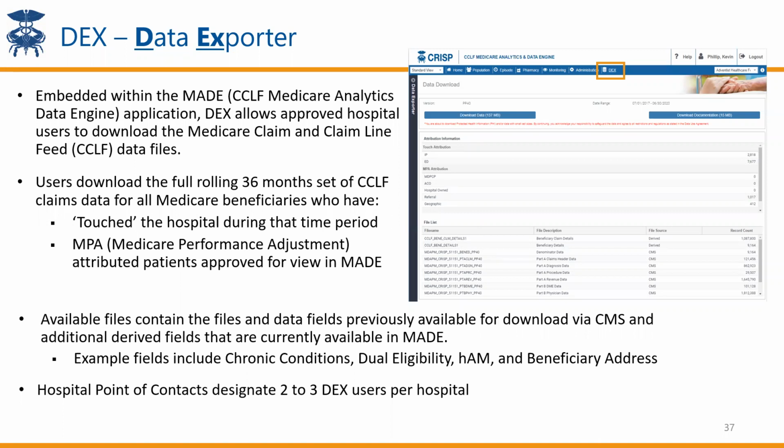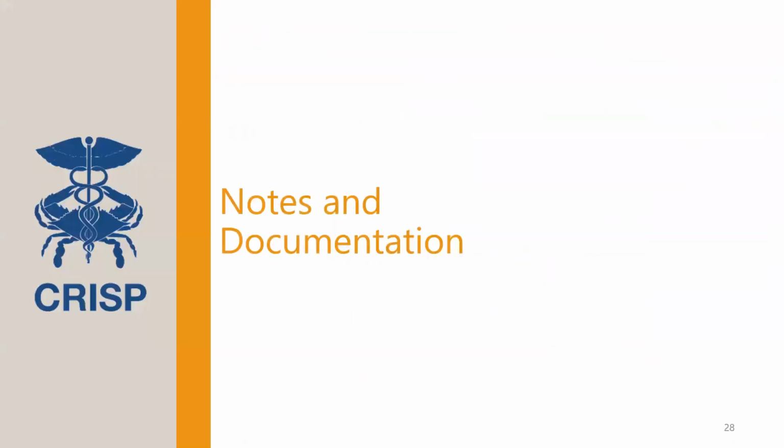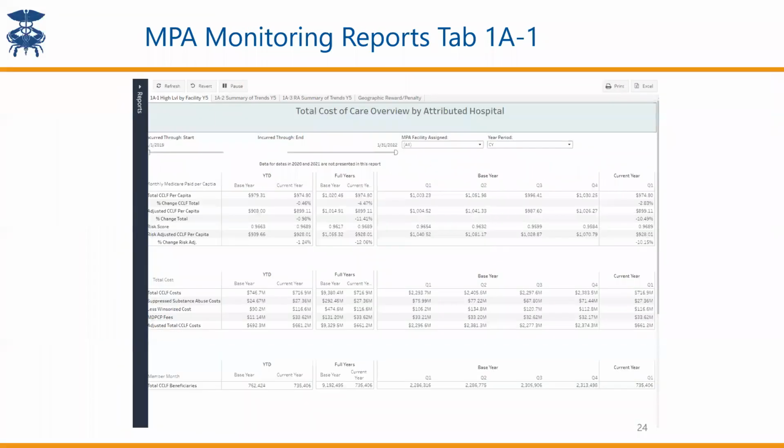Raven asked, is there a report showing the total number of MPA attributed patients, including those we can see data for and those we cannot? I will scroll back really quickly to here, where you can filter on the facility of interest, and then you can see at the bottom the total CCLF beneficiaries that are attributed to you under the MPA policy.